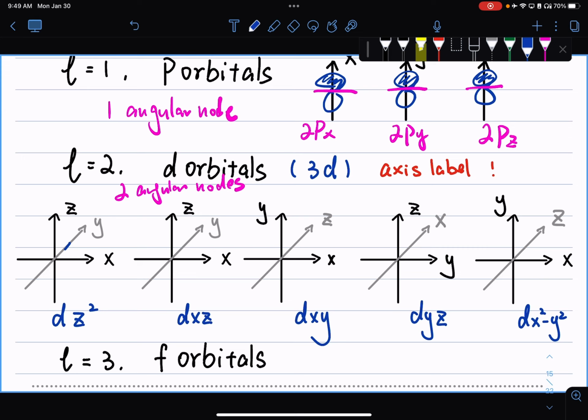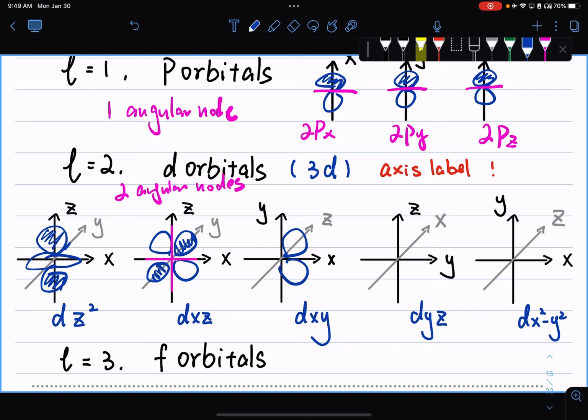We just did the drawing together, so I'm going to quickly draw it here. The dz squared is our dumbbell shape. The xz aligns along the x and z plane, and we have the angular nodes on the xy and zy planes.